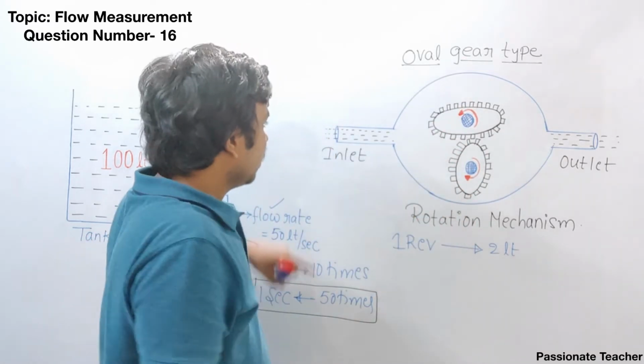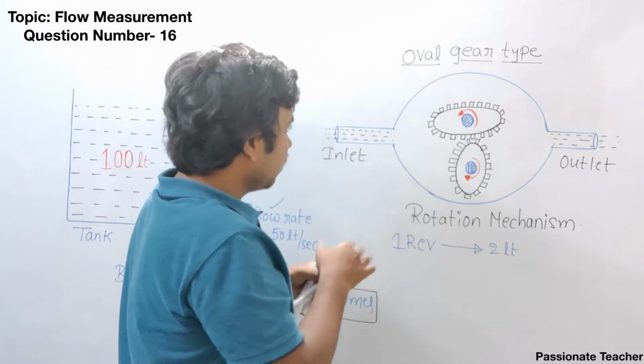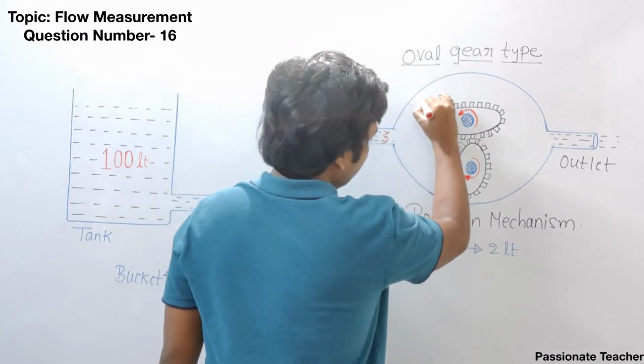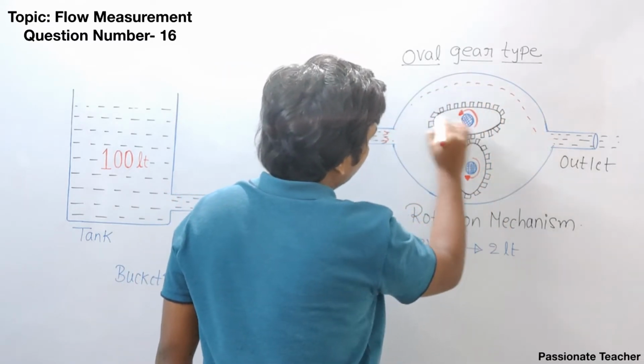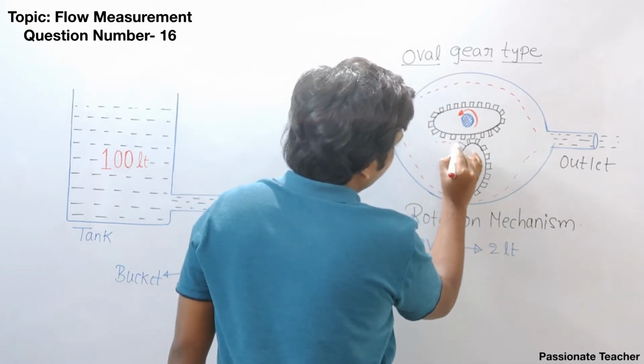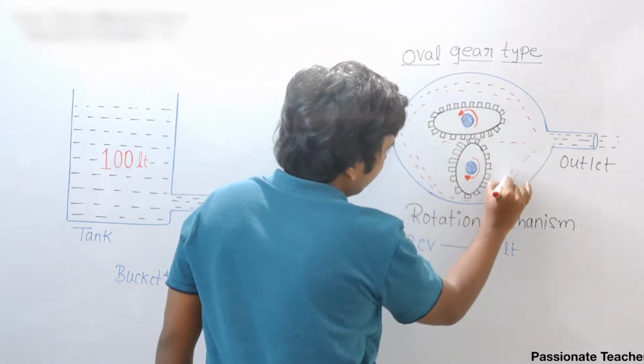Now what happens is, when the fluid is entering at the inlet, it is going to occupy the rotation mechanism chamber. The fluid will occupy the entire chamber like this, in between the wheels as well as in the gap of the chamber.